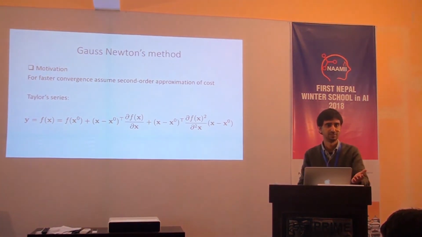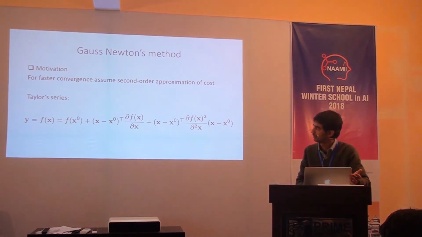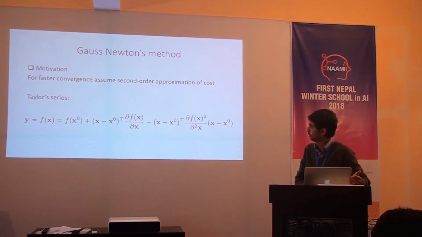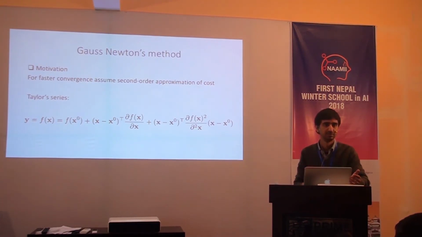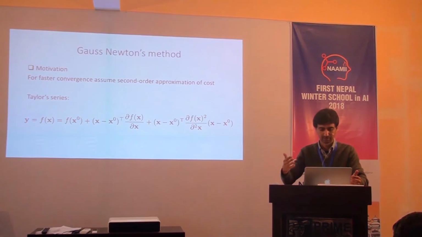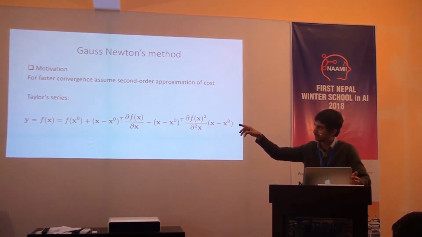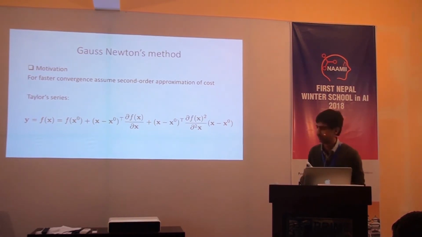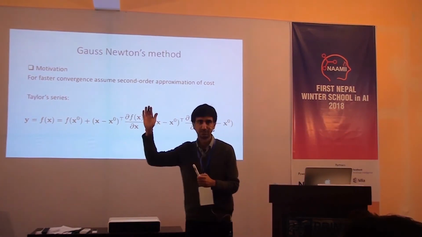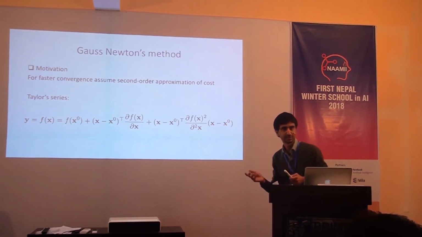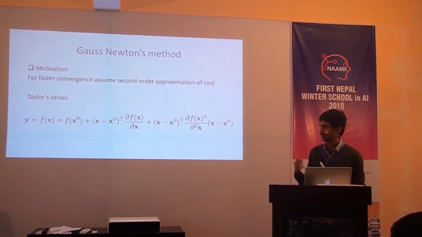One way to solve this is if you approximate your cost function to be a second degree curve, then at that point, instead of assuming a line, it will just assume the curve. So for y equal to x squared, it's already second degree, so you will immediately get a solution.